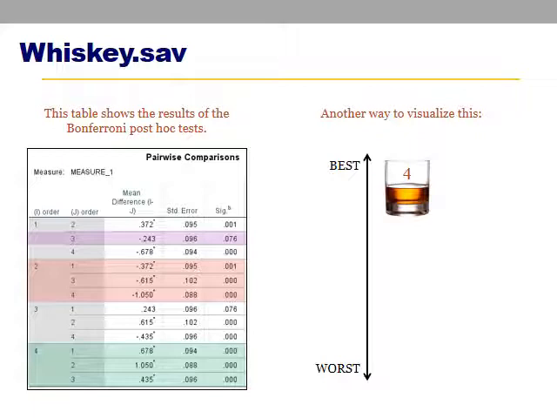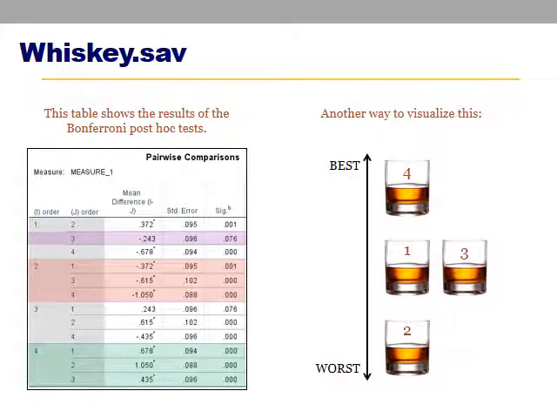In other words, whiskey number 4 was always people's favorite. Whiskey number 2 was always people's least favorite. As shown in the red highlighted area, whiskey number 2 was always rated lower than whiskey 1, whiskey 3, and whiskey 4.